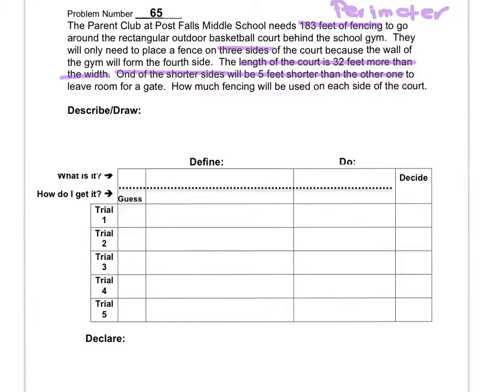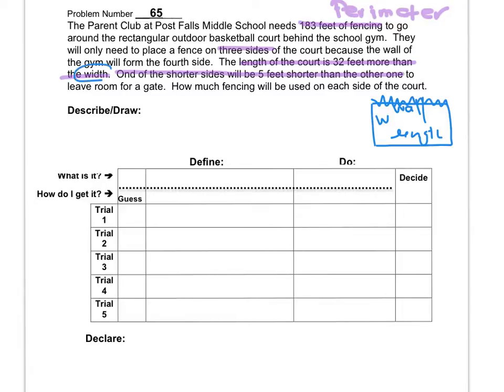I'm going to also draw a picture here because I think that might be helpful. So I have this basketball court, right? Let's say this side is no fencing because that's the wall. This can be my length, this can be my width, and it tells me that the length is 32 feet more than the width.